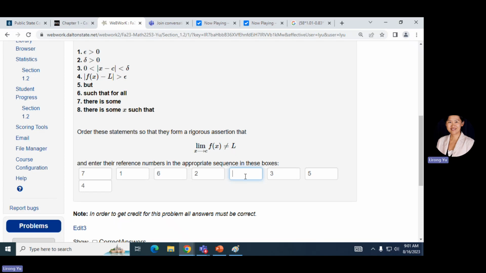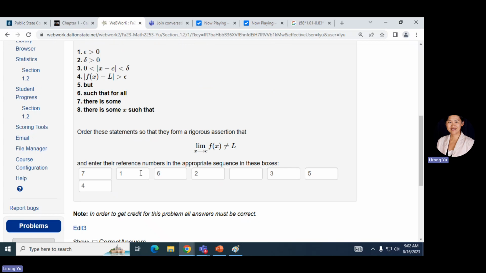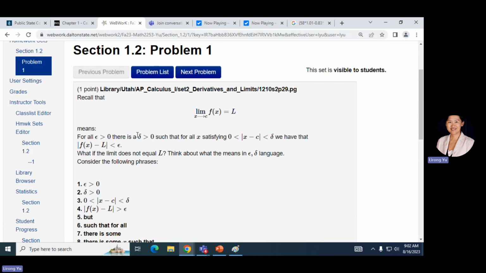So start with there is some epsilon such that for all delta bigger than 0, and then there is some x. So there is epsilon, then for all, and that will be number 6, delta.